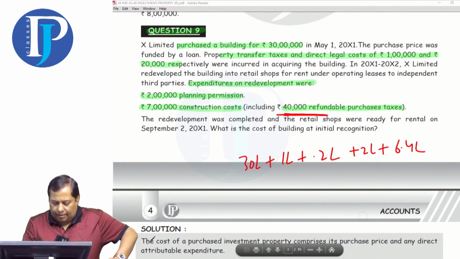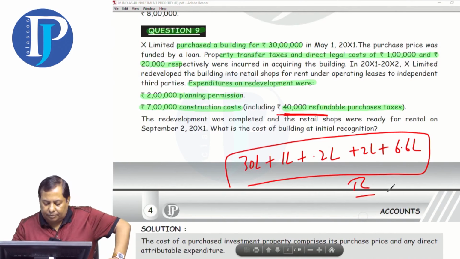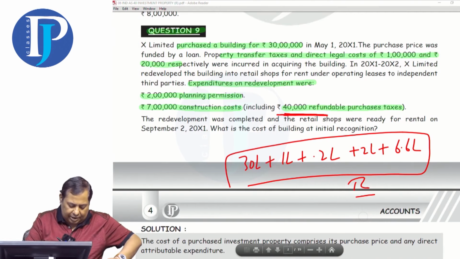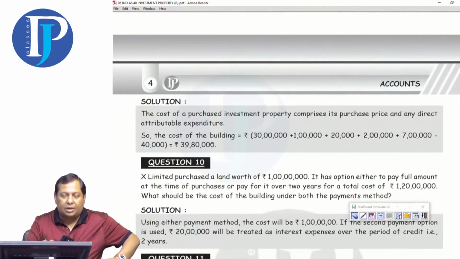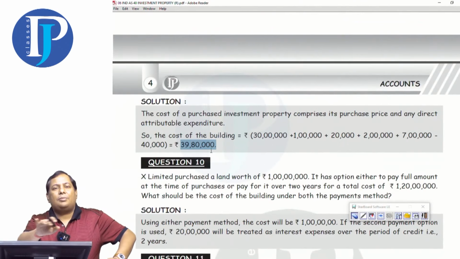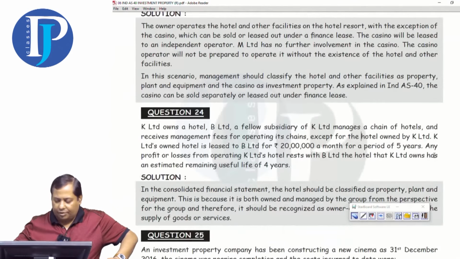So, we get 6 lakh 60,000. Just total it. This will be your cost. 3120, 3320, 3339, 3980. Okay, do this question. Look here, 3980. Simply calculate on calculator.